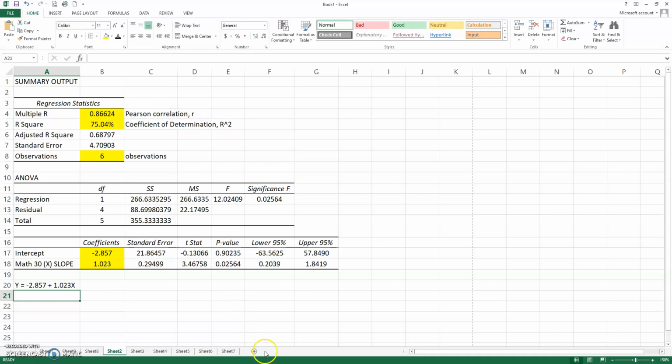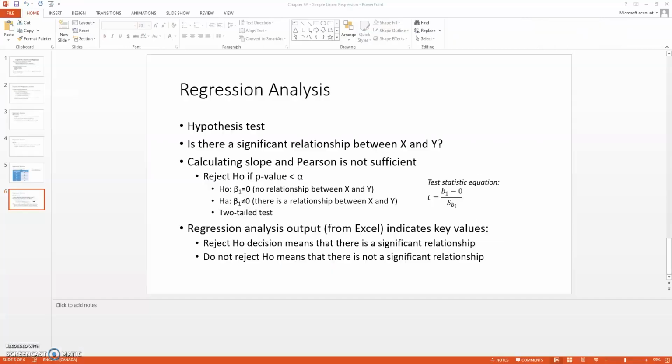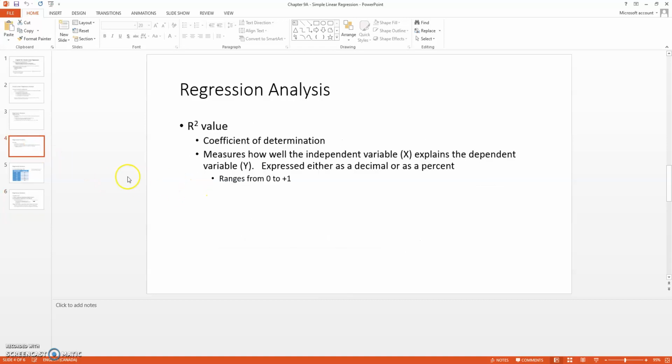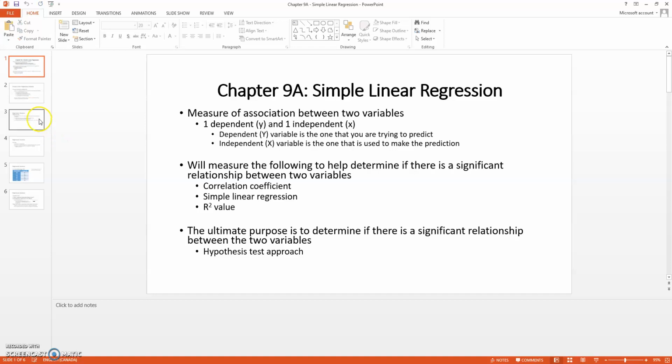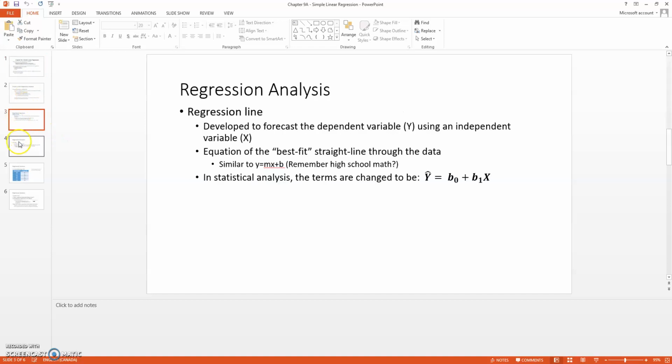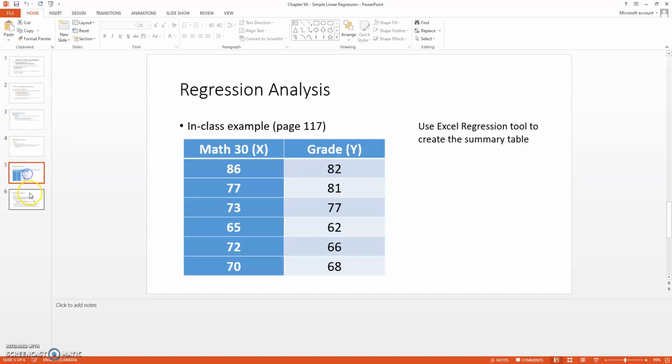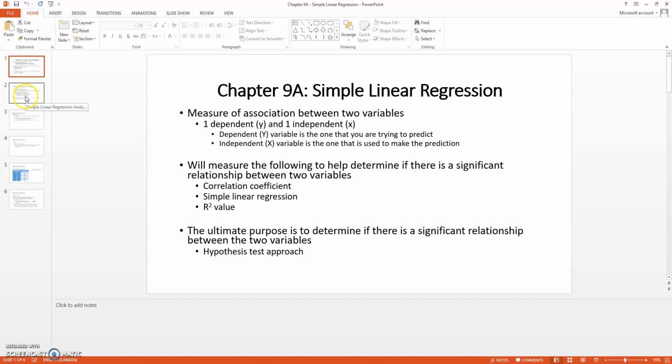Okay, so let's go back to our original question here. We have basically determined, let's go back here. Sorry, there it is. The correlation coefficient R, the simple linear regression equation, and the R squared value.